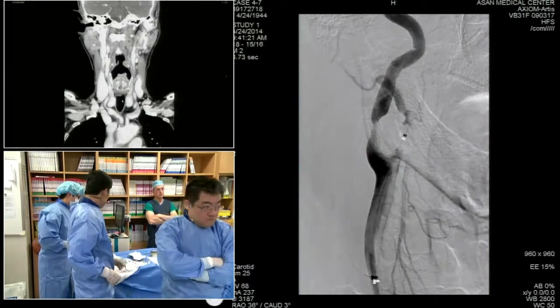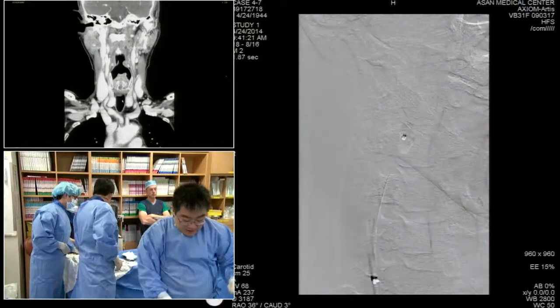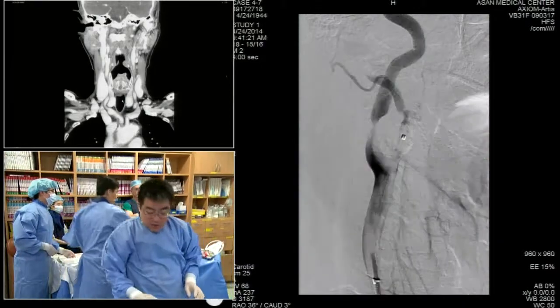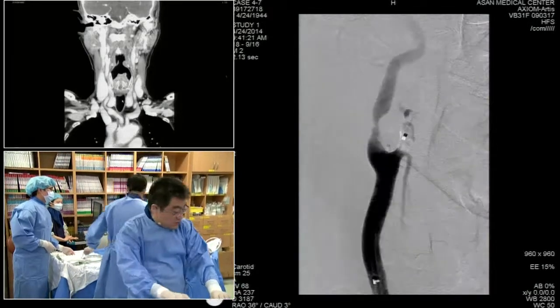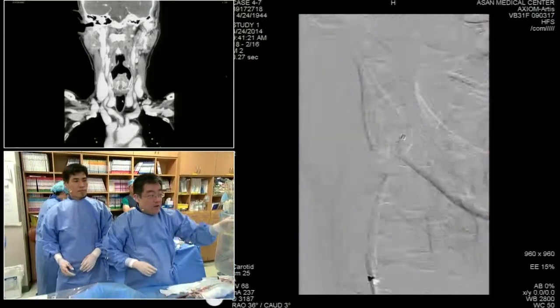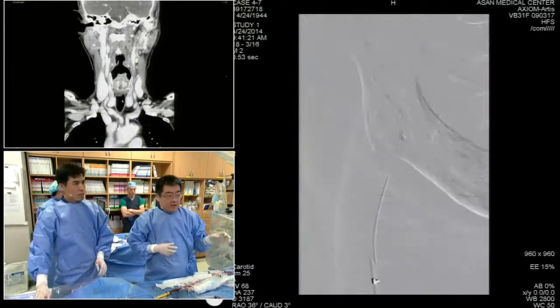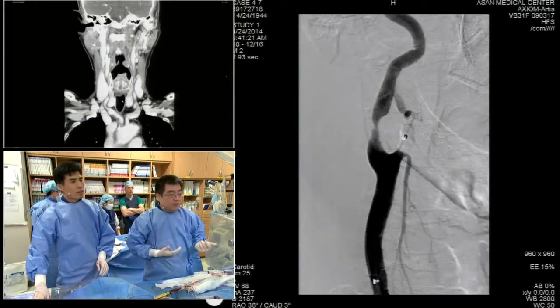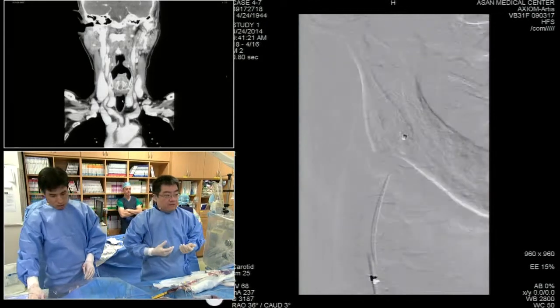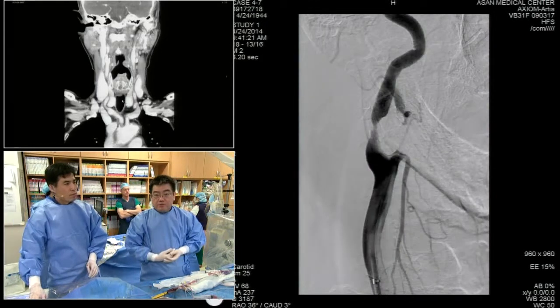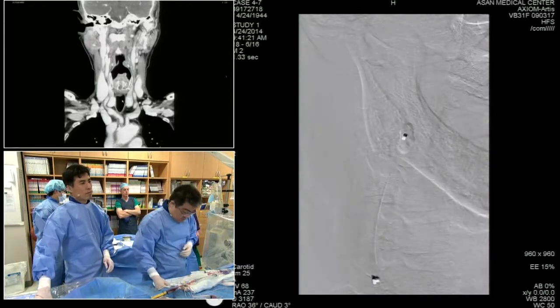If it is washed out, that means there's reflux coming from the superior thyroid. Yeah, that is exactly what we will do. So we have chosen a Sion wire, and the wire is ready for crossing. So at this moment, we can start clamping, see if we have filling into the internal from the superior thyroid. If that's not the case, then we will proceed with the procedure. Is that okay? Yes. Okay.